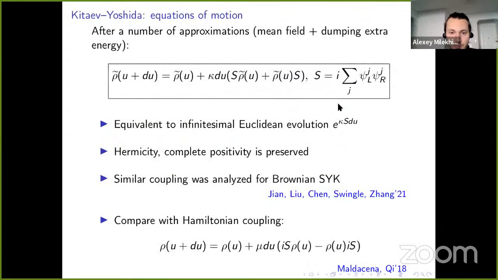In this sense, what I studied before was the same operator, but it was in the Hamiltonian. Now it is not in the Hamiltonian. It has this extra anti-commutator structure. So this is the main approximation in our paper, that we indeed approximated as some exponent.